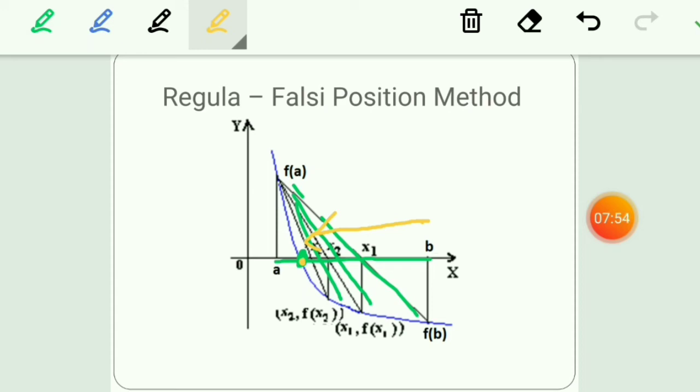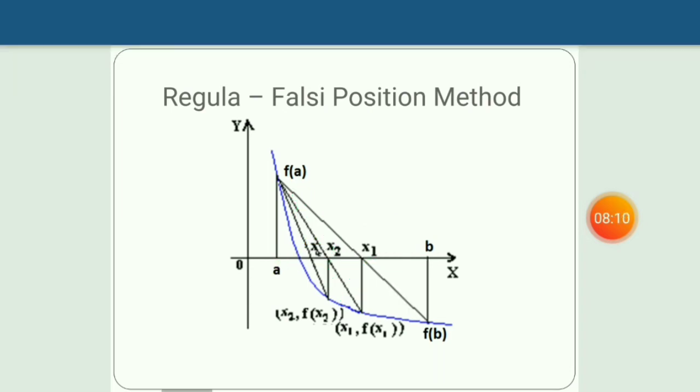So this is the procedure for the regula falsi method. Okay, this we have to do. Now how will we do this? With the help of some equations. So how are we going to solve that equation? Let's see in the next slide.